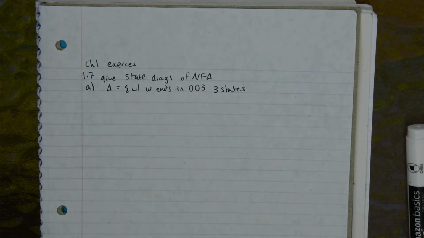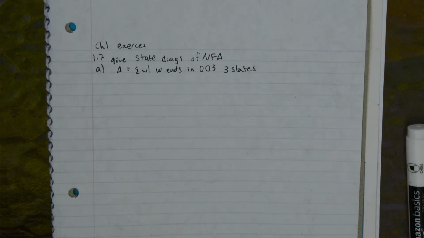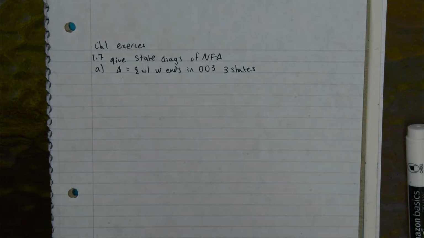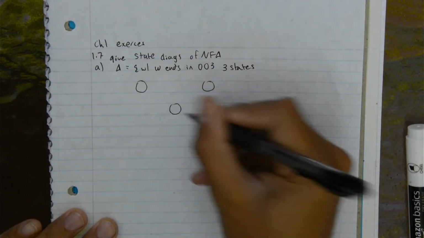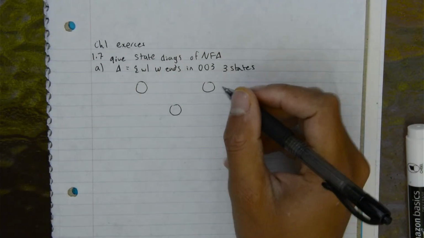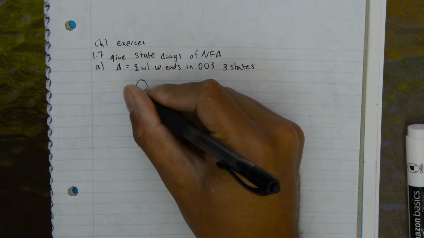So the way that we're going to do this is, first we're just going to draw 3 states. So what I think it's going to be is like this.